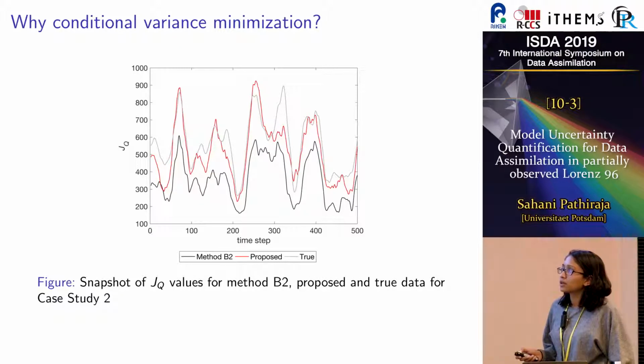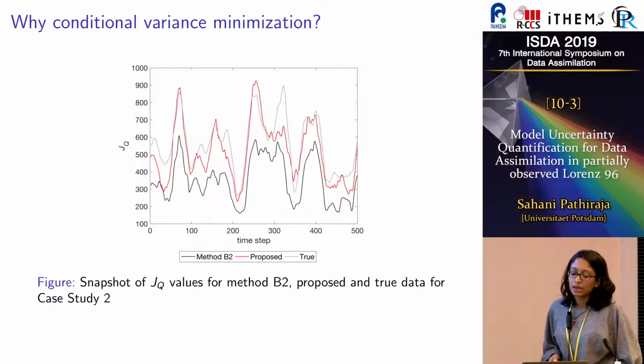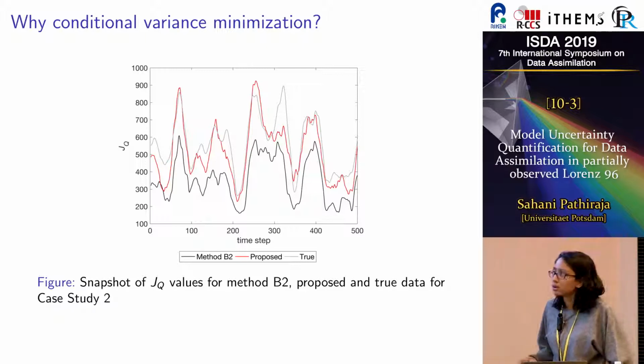The black is what you get from the 4D-Var approach, and the gray is what you would get if you were to just plug in the true values into the cost function. So you can see that you're getting a lower J with the 4D-Var method, which essentially means that we're minimizing an inappropriate objective function, which is somewhat unsurprising given that our errors are clearly not mean zero and of constant variance and not even really Gaussian.